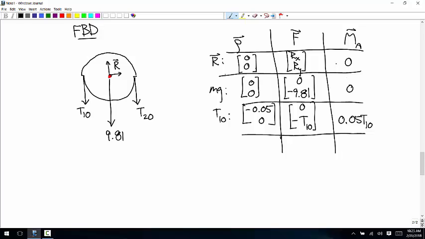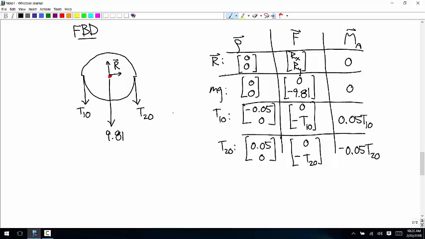All of these are Z components. And then for T20, rho is positive 0.05, 0, 0. The force vector is 0, negative T20. And so that cross product is negative 0.05 T20. You can see this force would make it rotate counterclockwise, so that moment's positive. This one rotates clockwise, so it's negative.